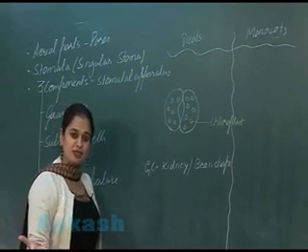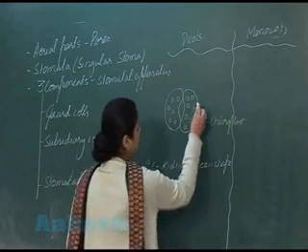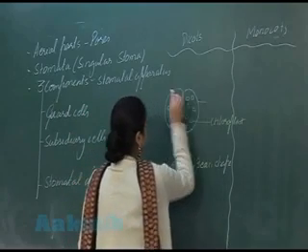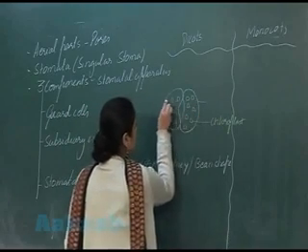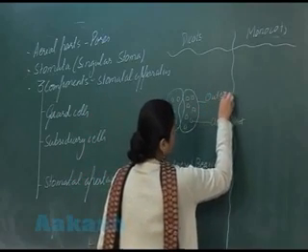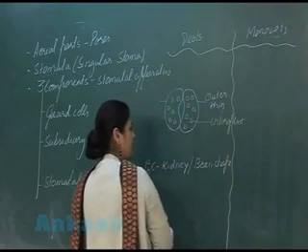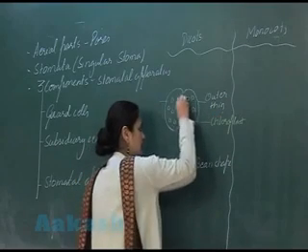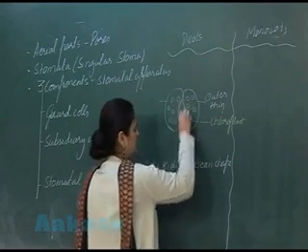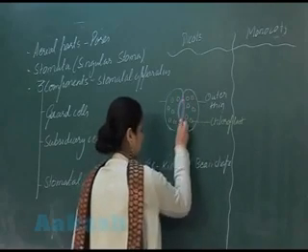Some part of the wall is thick, some part of the wall is thin. Let's see here. These are the outer walls. The outer walls are thin. These are the inner walls. The inner walls are thick.